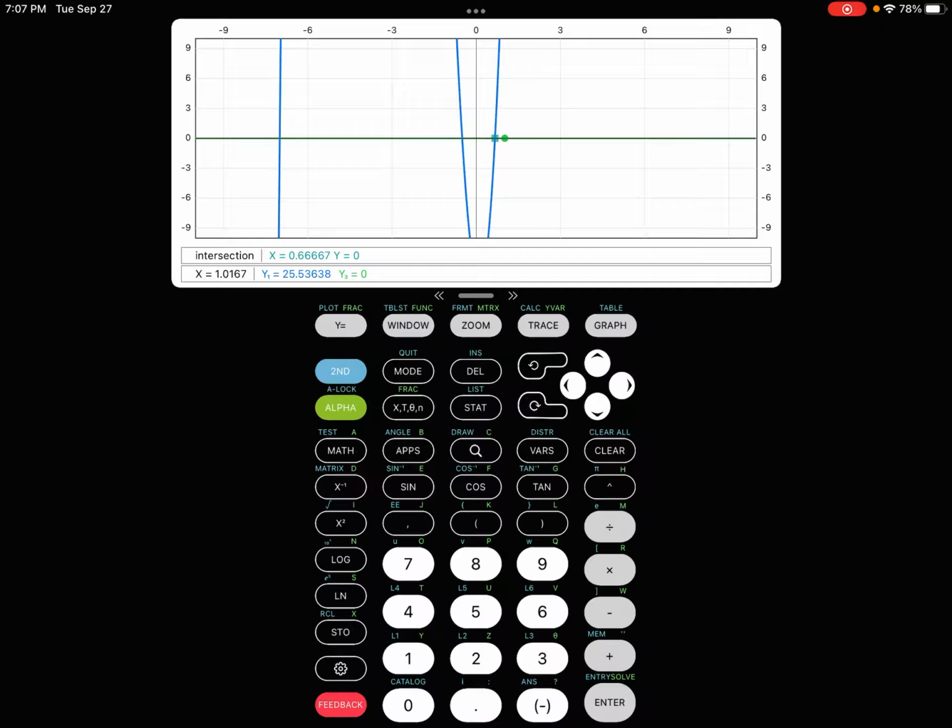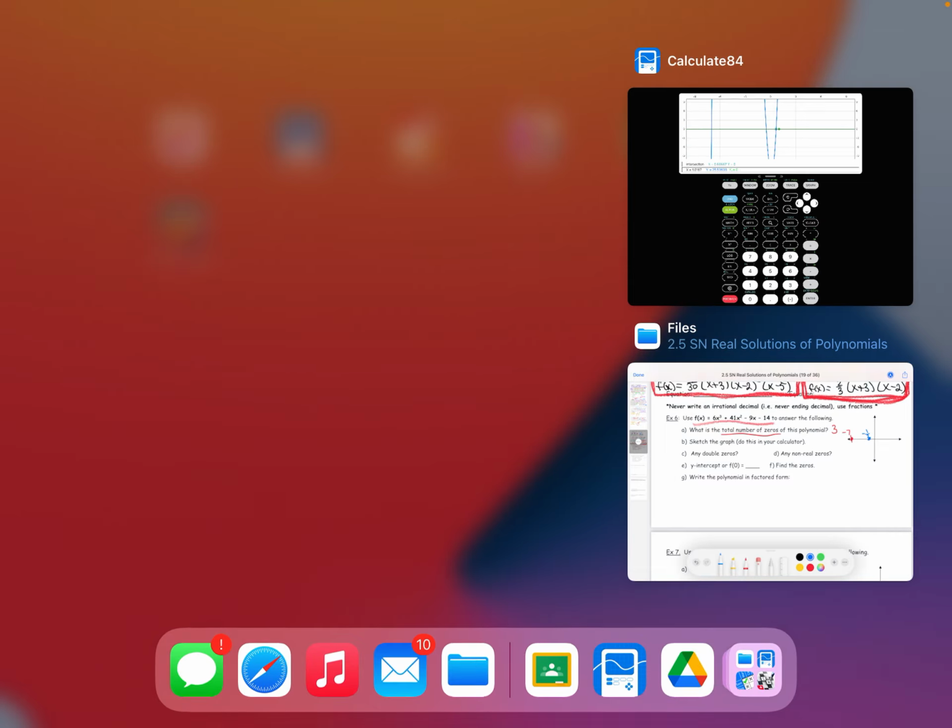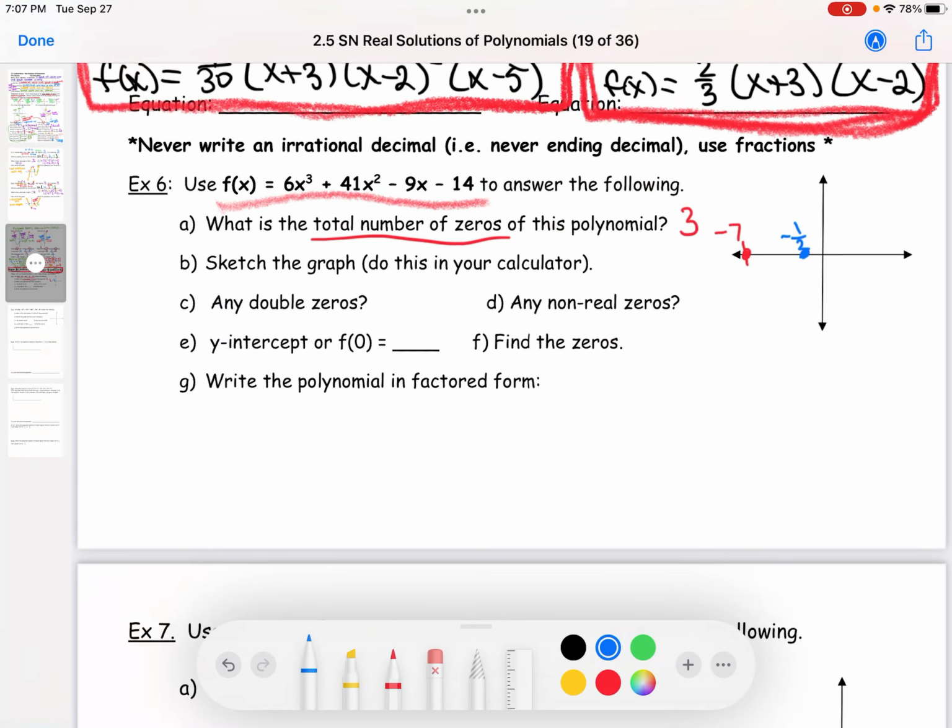Okay? Now, this one, the x value, look for the word intersection, 0.666 repeating, y equals 0. That's the fraction 2/3. So this root on the right is at 2/3.